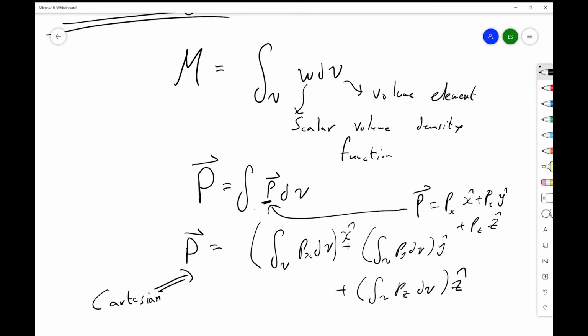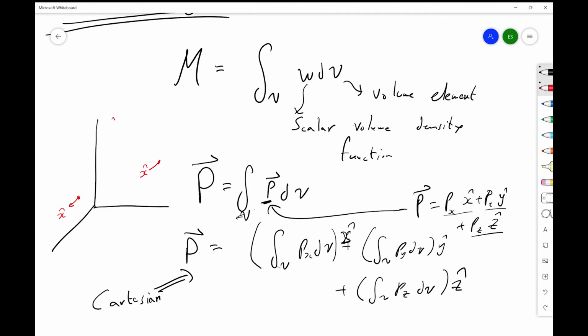Why? Notice I did something tricky here. I decomposed P into its vector components, and then I applied the volume integral, and then I took the x hat, y hat, and z hat outside the integral. I could do that in Cartesian coordinates because, remember, we said the x hat at this point is the same as the x hat at this point.